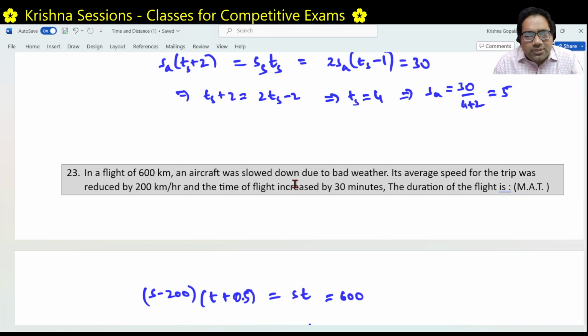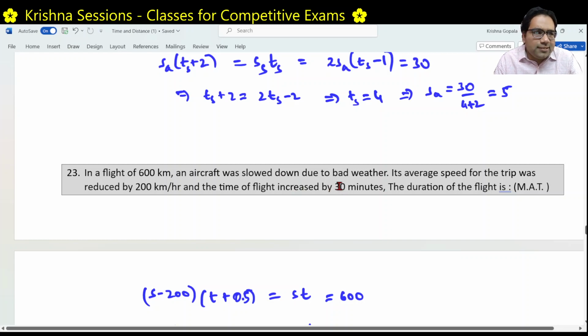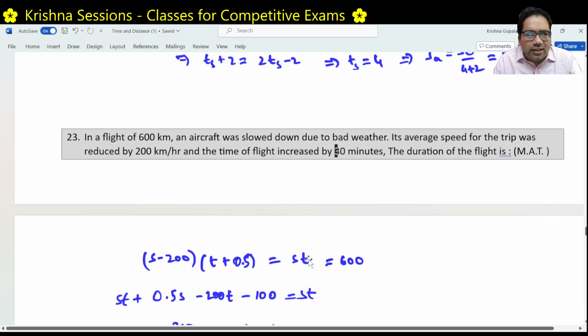So there would be some natural speed. It has to travel at some certain speed to reach the destination in that designated time. We don't know the designated time, and we don't know the designated speed either. But it doesn't matter. There would be some time, and corresponding to that time there will be some speed which will make it reach the destination in that time. Let the ideal time be t and ideal speed be s.